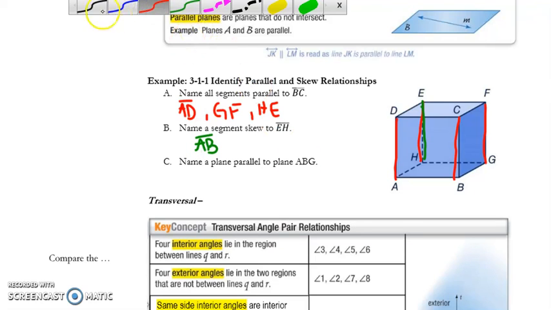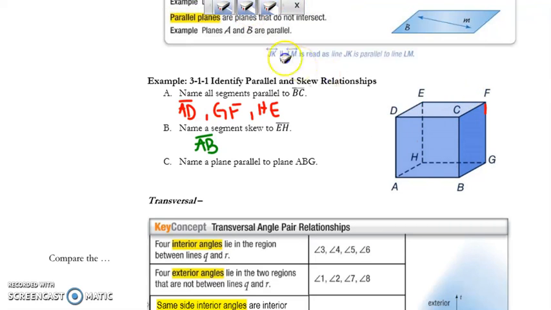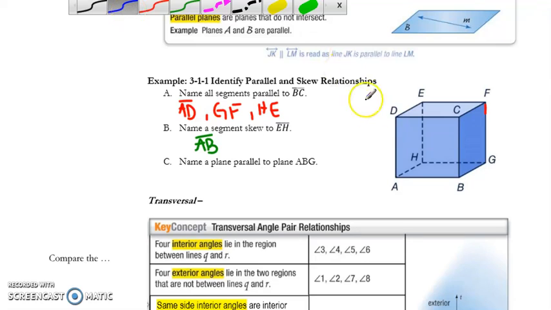Next, we're going to name a plane that is parallel to plane ABG. So let's just first identify this plane, ABG. So kind of this plane down in here. So we want a plane parallel.